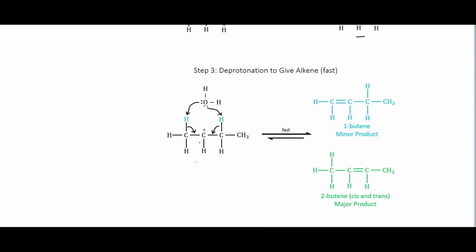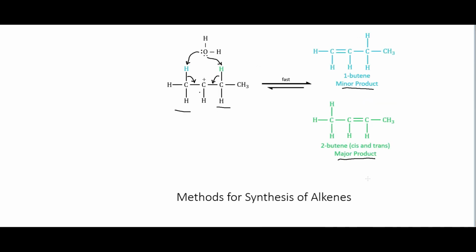So we see that taking the one from the primary carbon here is going to be less favorable than taking the one from this secondary carbon here. And so the 1-butene is going to be our minor product, where the 2-butene, which could be either cis or trans, is going to be our major product there.